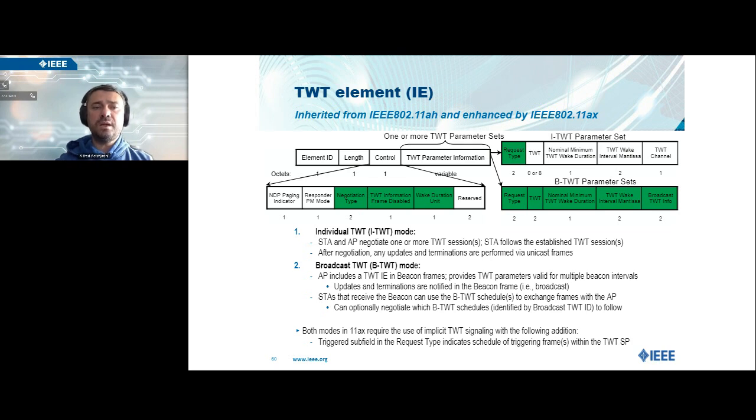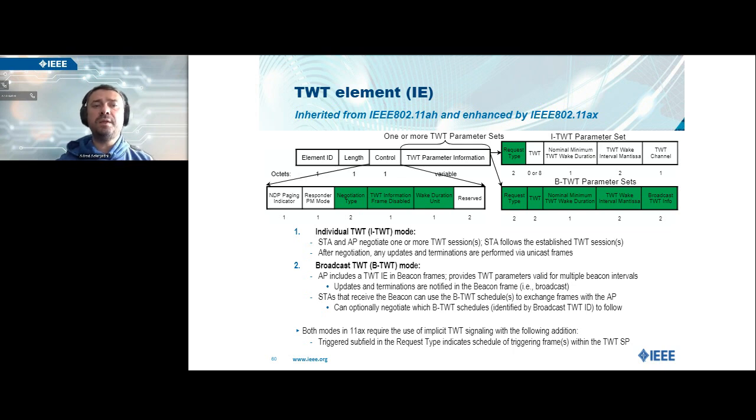In the broadcast TWT case, the access point advertises on its own the presence of TWT schedules, and the advertisement occurs in beacon frames, for example, or broadcast probe responses, and tells you that these particular TWT schedules are valid for a specific term, and it can be for multiple beacon intervals.